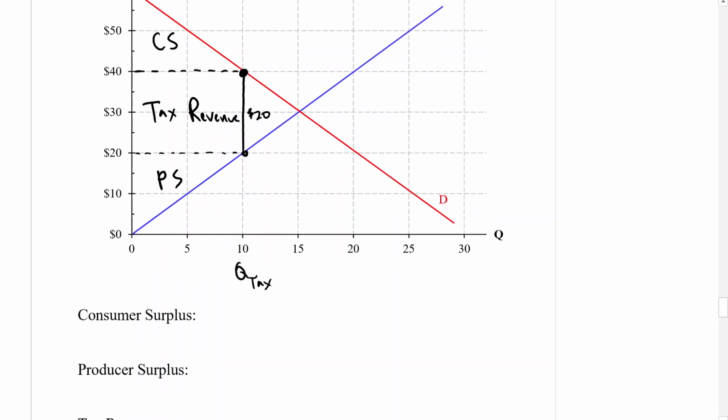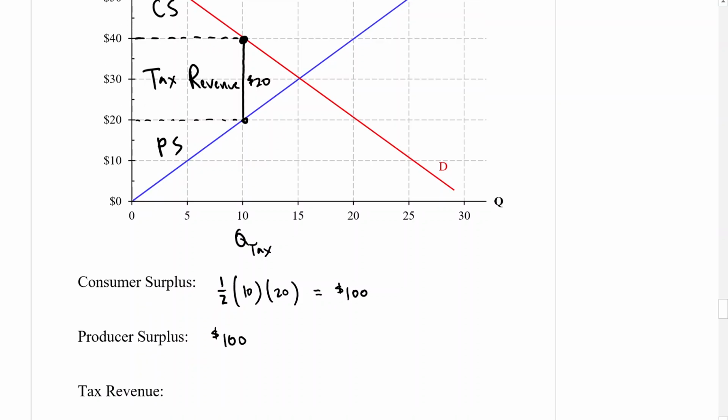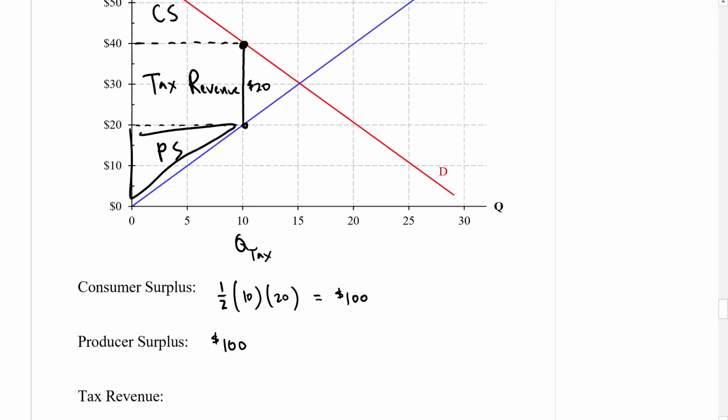Our consumer surplus is a triangle, half the base times the height. The base is 10, the height is 20, for a total of 100. Same thing for producers, a total of 100 in this triangle here.